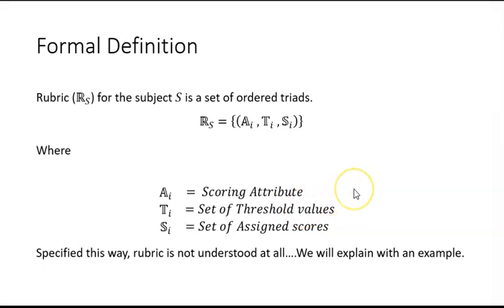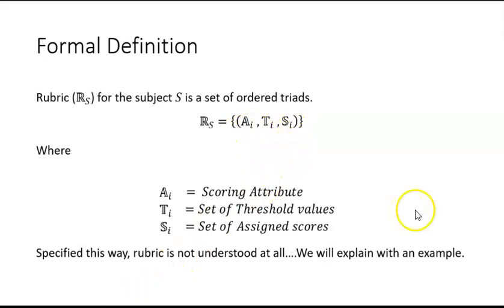I know if we specify a definition like this, people will make an ugly face and may say unspeakable things. So we will try to specify what a rubric is in other words, maybe by use of an example in subsequent slides. But the bottom line is a rubric is a set of ordered triads (A_i, T_i, S_i).